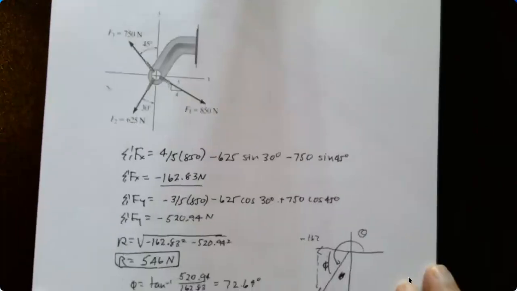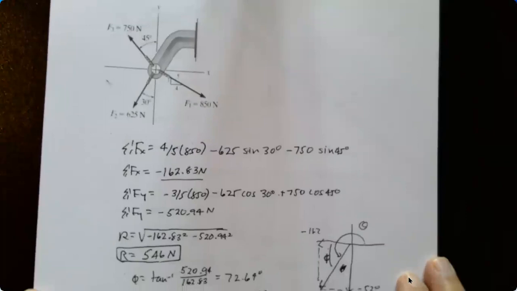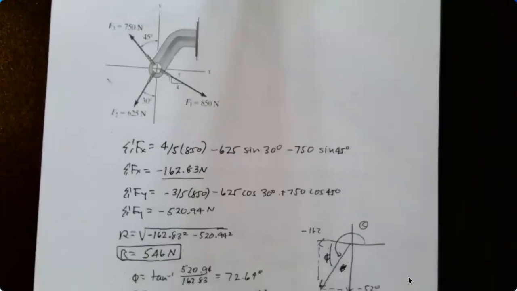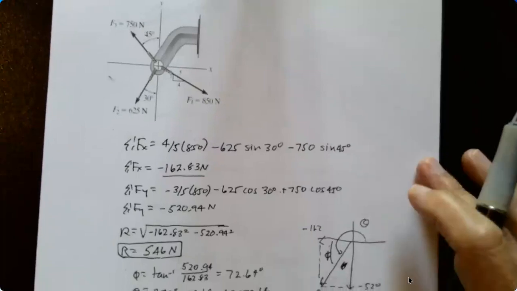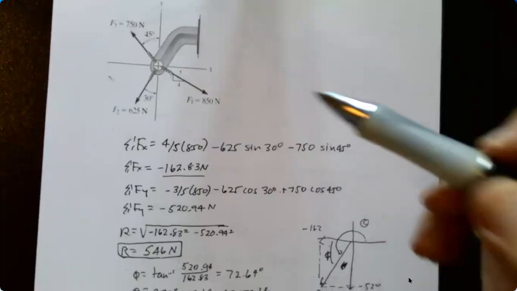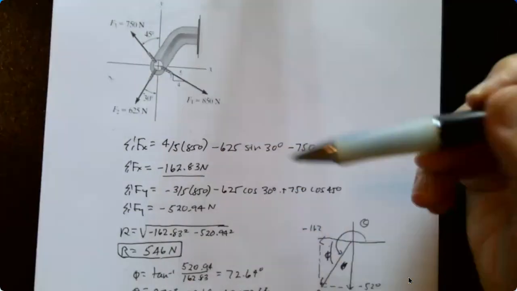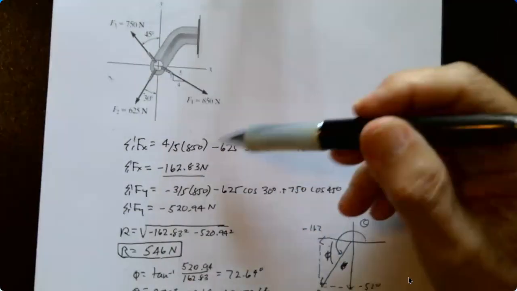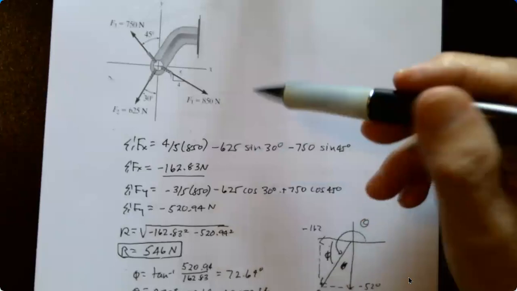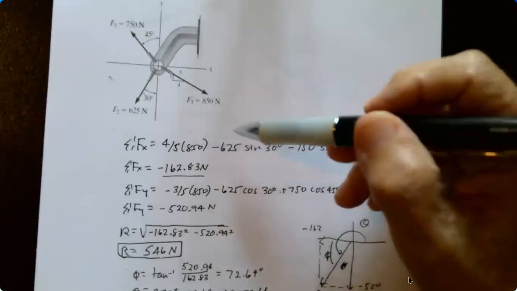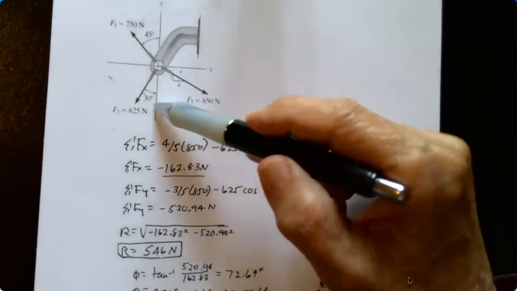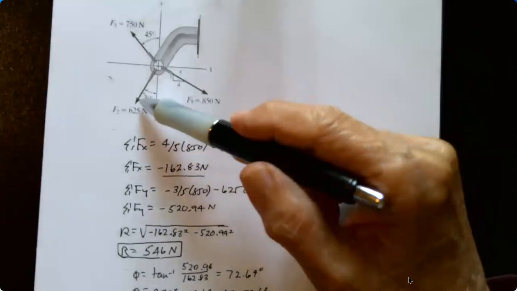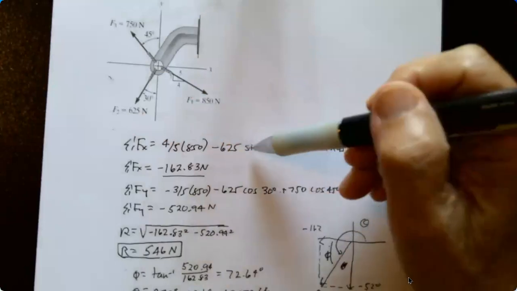So what you're doing is you're just finding the x and y components. But some of you made a mistake with this 30-degree angle. Instead of using the sine function for the forces in the x, which is actually opposite in this case, you used the cosine function.